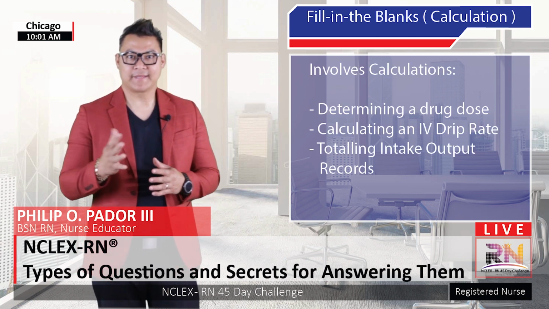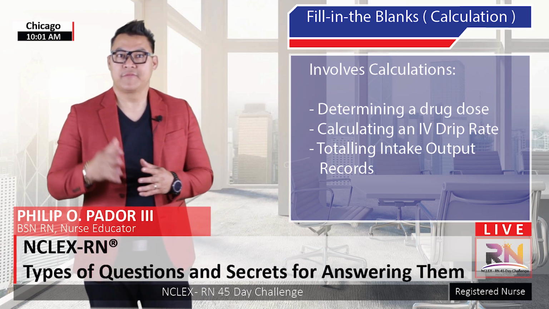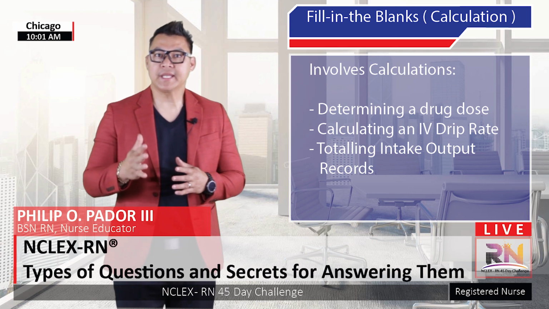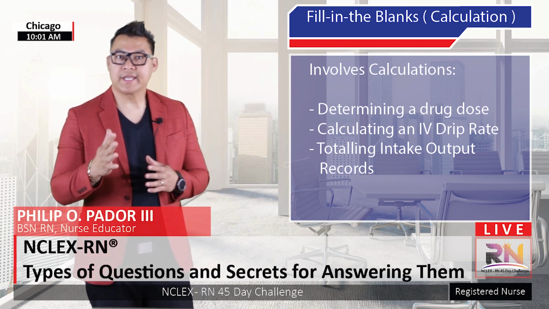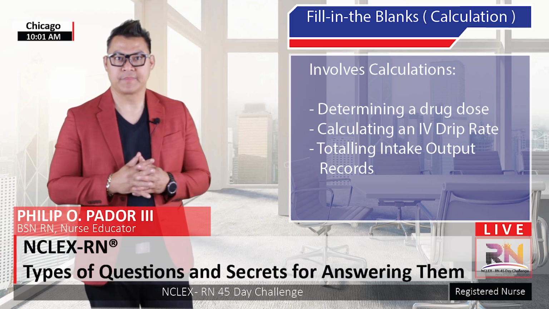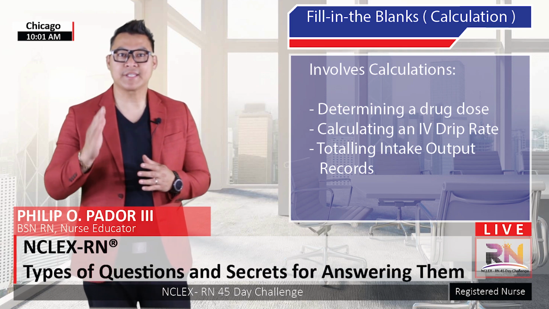Fill in the blank items or calculations. Fill in the blank items involve calculations such as determining a drug dose, calculating an IV drip rate, or totaling intake and output records. These items can be answered with a number. On the NCLEX-RN exam, if you do not enter a number, you will receive an error message that will prompt you to enter a numeric answer.